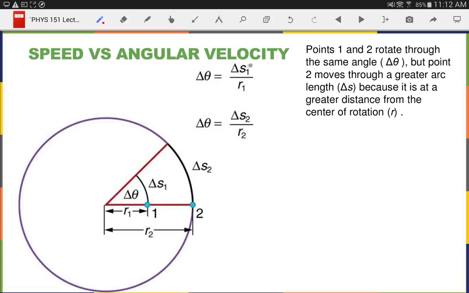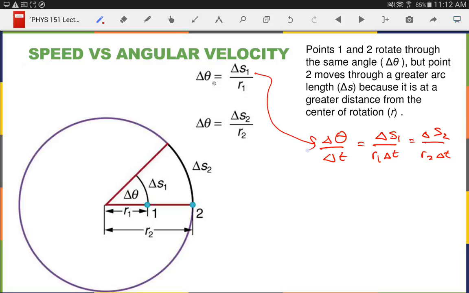Since delta theta is equal to delta S1 over R1, or delta S2 over R2, I just substituted this equation.